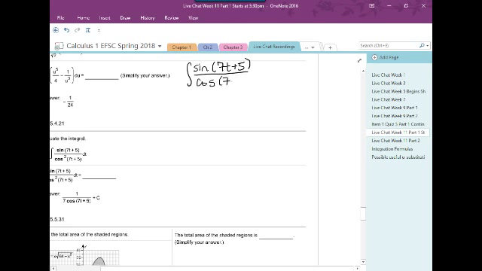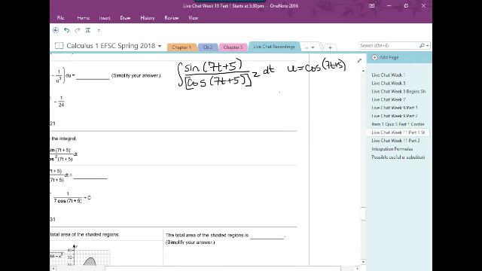Remember that cosine squared of 7t plus 5 means the same thing as the whole quantity squared. So if you realize that you're going to need to use a u-substitution, one possibility is always to let u be the quantity that's raised to the power. So in this case, we would let u be the quantity cosine of 7t plus 5.